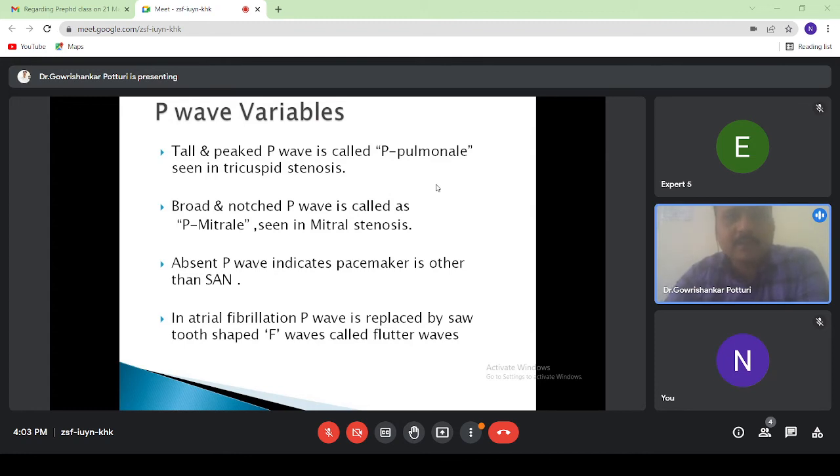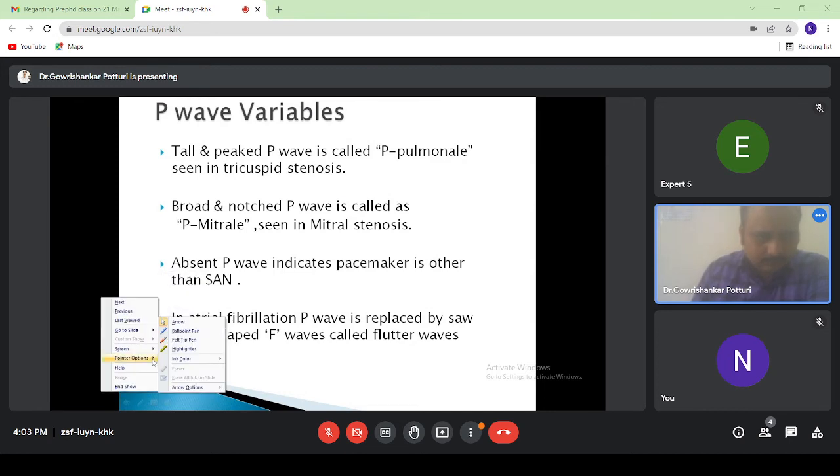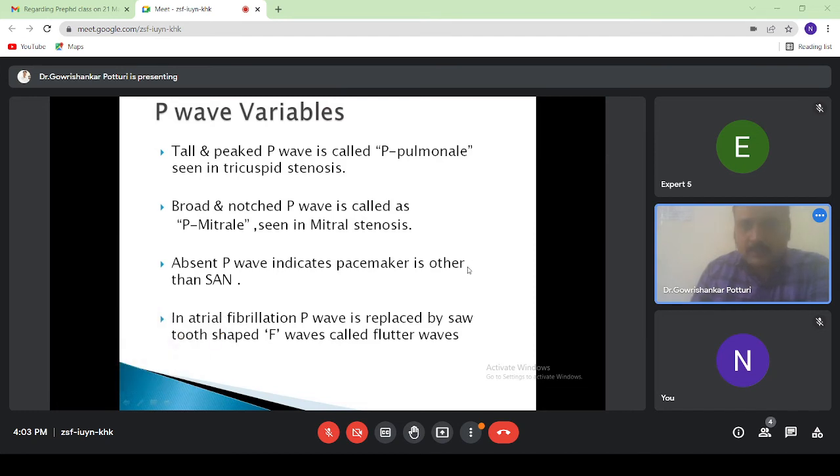Broad and notched P wave is called P mitral. If you have a broad P wave with a notch, then I will show you. See, something like this.